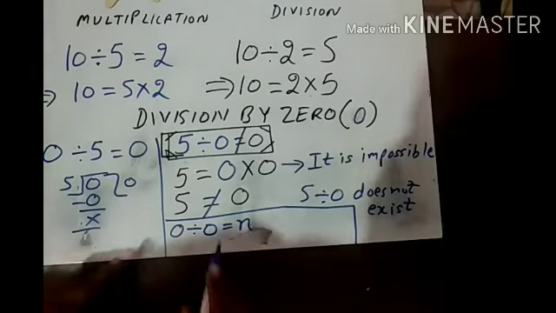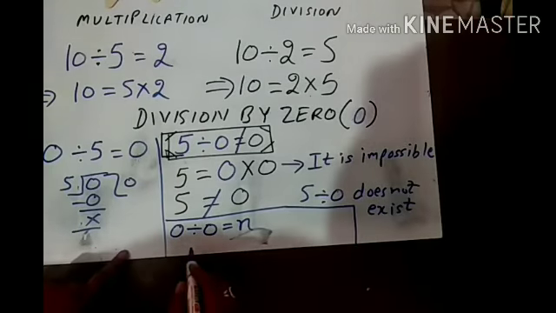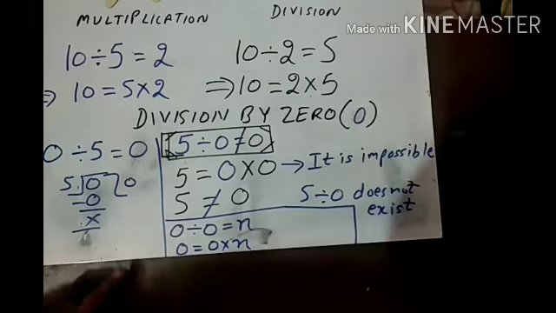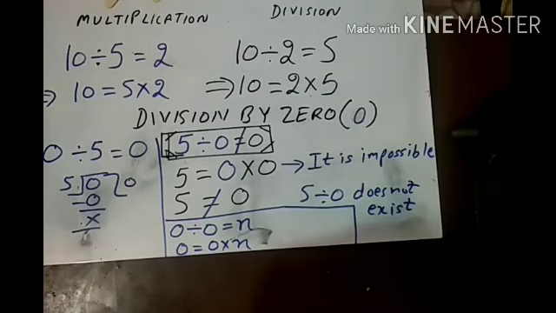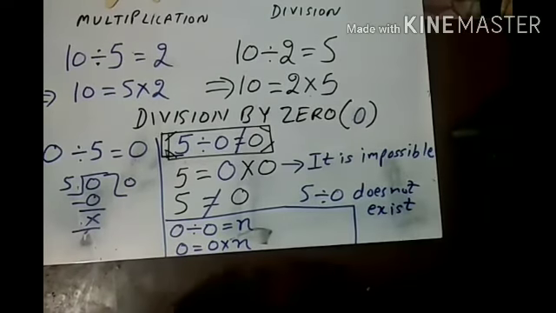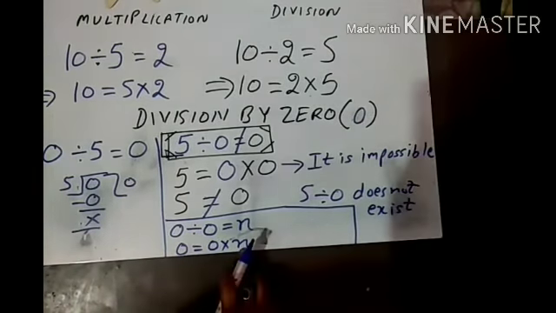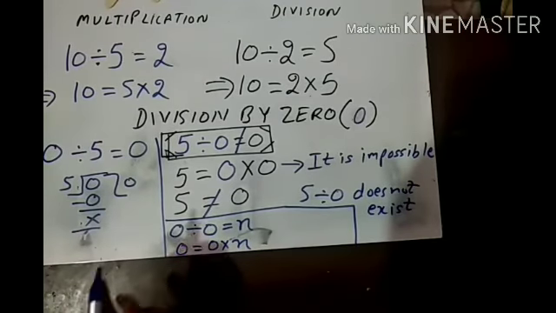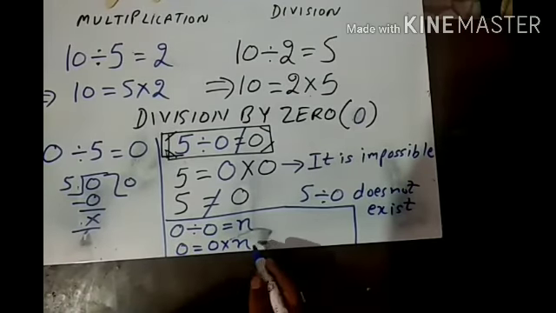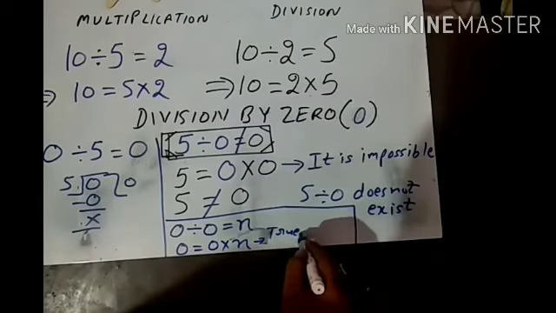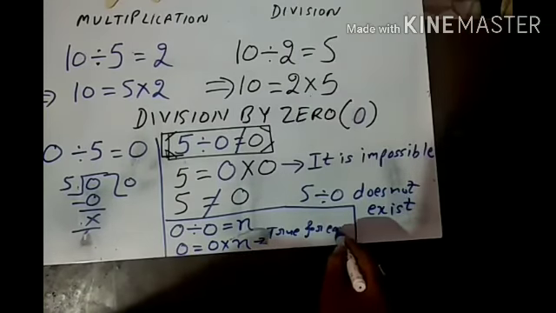So as per the definition of inverse operation, it means this 0 is equal to 0 multiplied by n. Here n is a whole number and any whole number multiplied by 0, the answer is 0. You will see that it is true for every case.